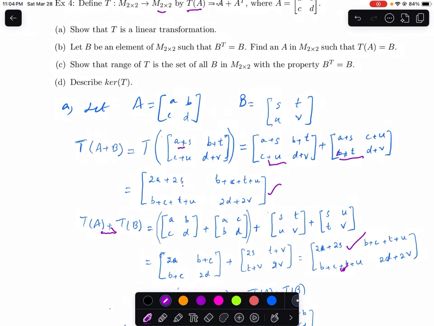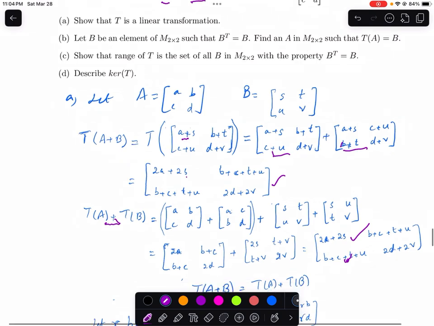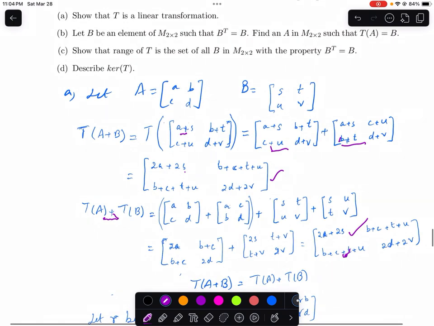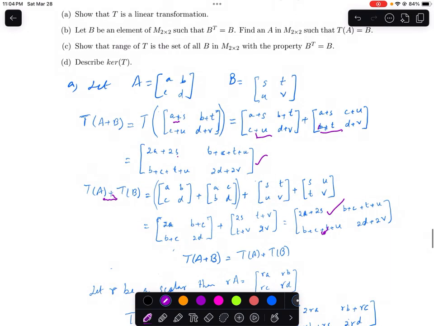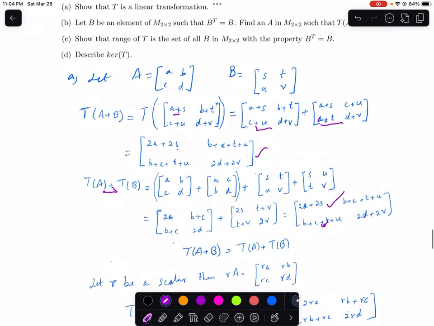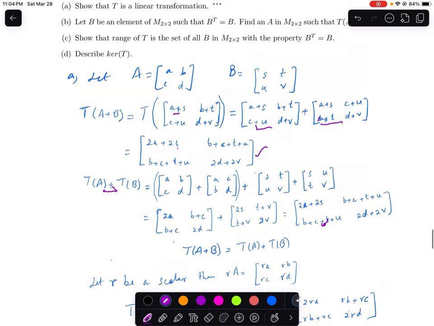In the same way we can show the second condition. Now we have to start by multiplying the matrix by some scalar. So for example, the matrix A, I can multiply it by some scalar K or R. I think I used R. So we have to show that T of RA is equal to R times T of A. So RA will be something like this.